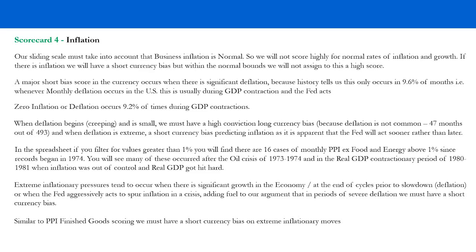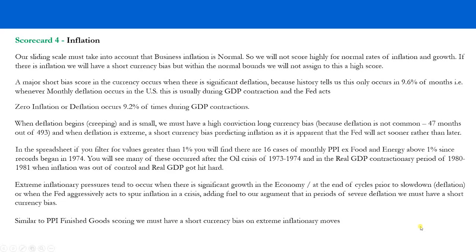So again, we're going to have this way in which we look at the extremes in the deflationary side of our sliding scale as an opportunity for a short currency bias predicting inflation. So you can see the process overall in the way we're approaching our sliding scale is very similar to previous inflation numbers we've looked at and previous macro numbers, because in the extremes, we know that the Fed will act.